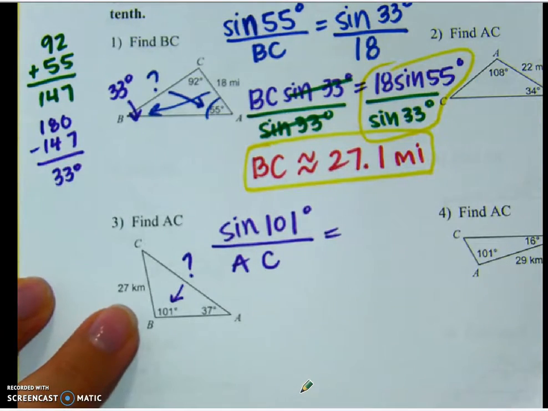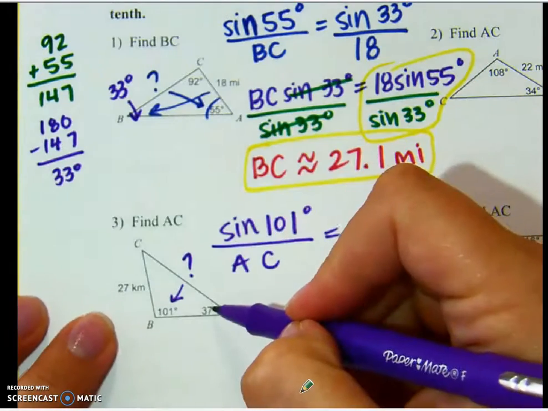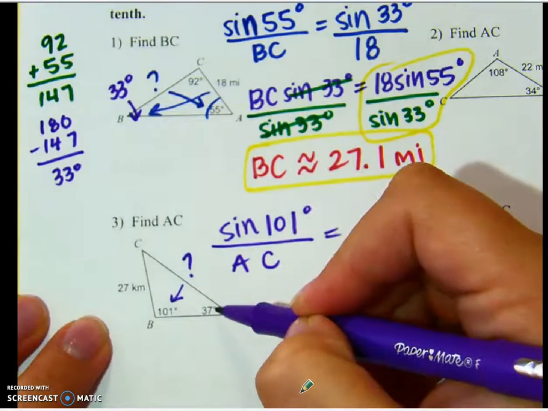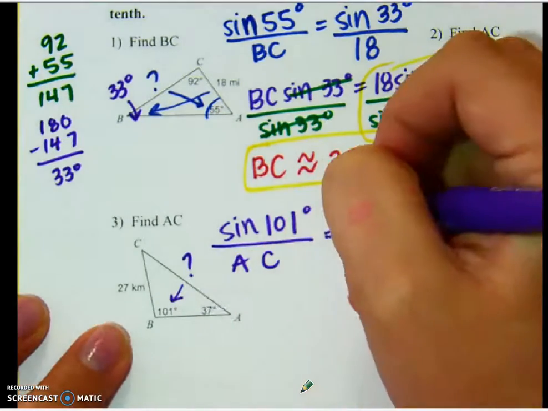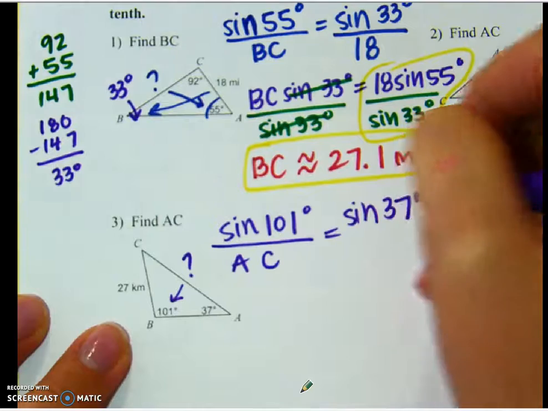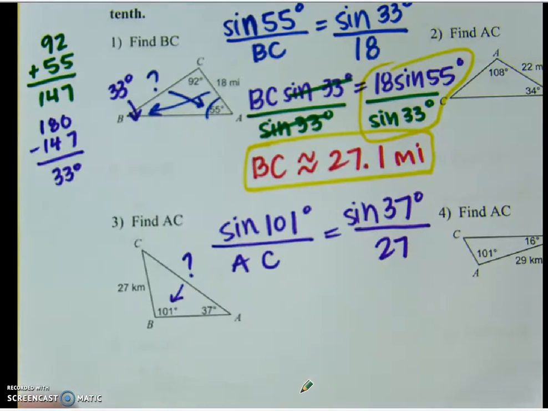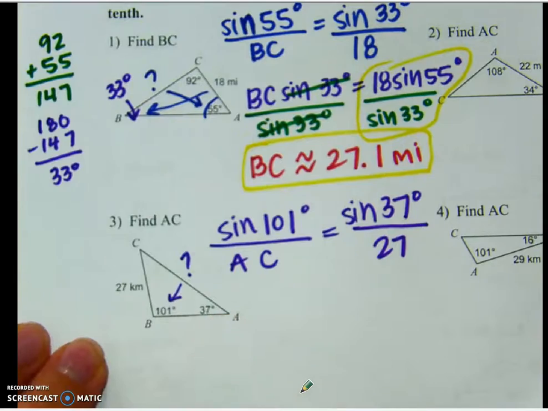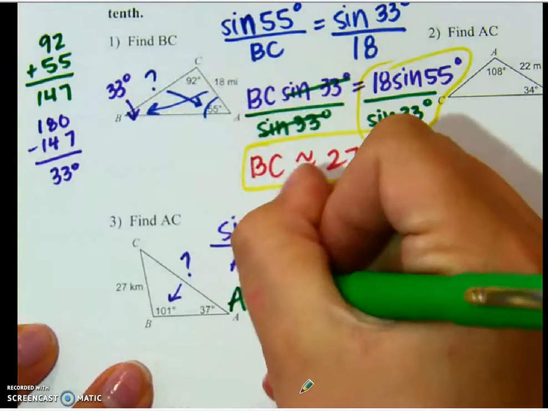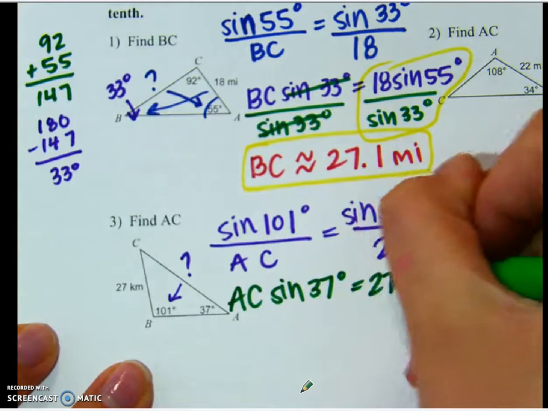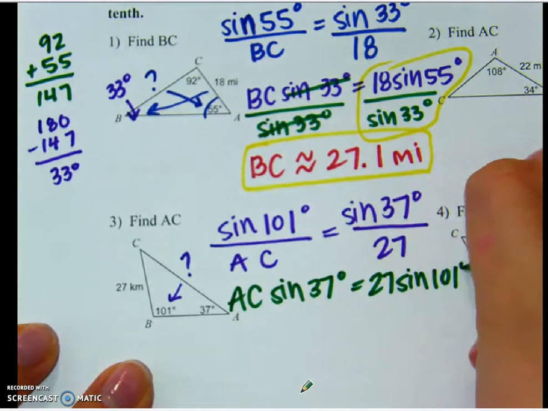Then I want an angle and side pair that I know already, which I do know this 27 is across from the 37. 37 degrees, across from that is the 27. So that's going to be sine 37 degrees over 27. Again, you're looking for an angle and side pair that go together. So then I have AC sine 37 equals 27 sine 101.